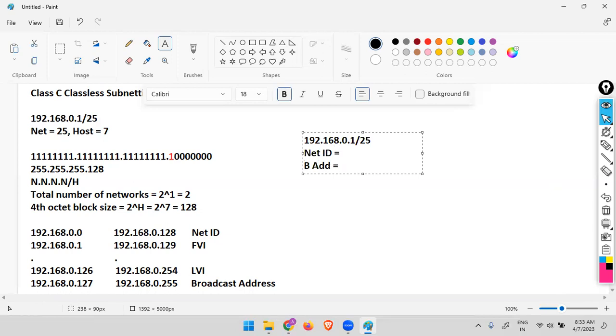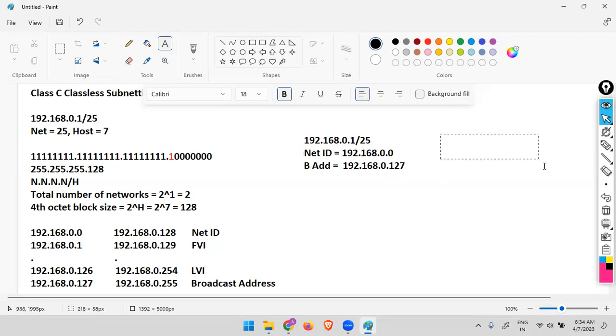What will be the broadcast address? 192.168.0.127, because your IP is 0.1. So this is falling in this range, not in the other. For this range we have one network ID and broadcast address, and for 128 to 255 we have a different network ID and broadcast address. So here it will be 127.